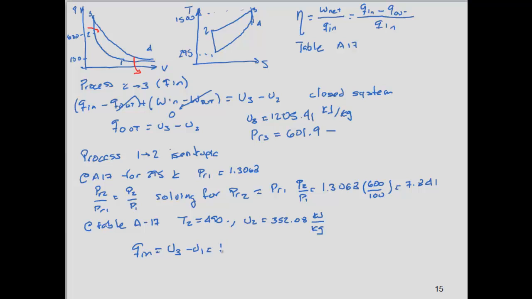So we have 1205.41 kilojoules per kilogram minus 352.08. This is 453.33.